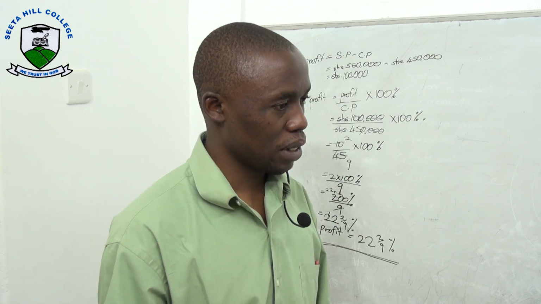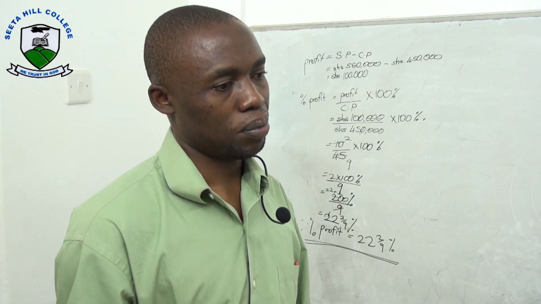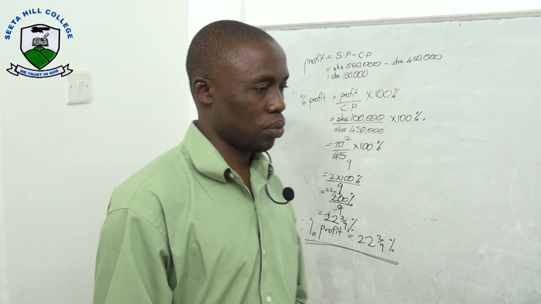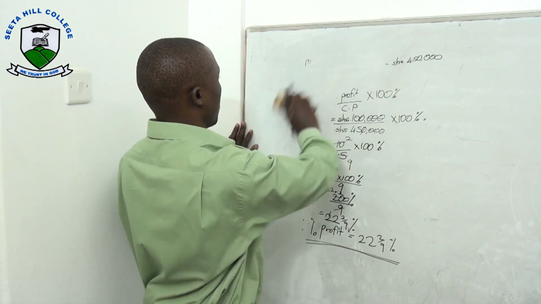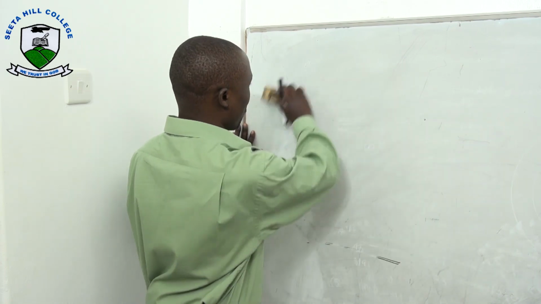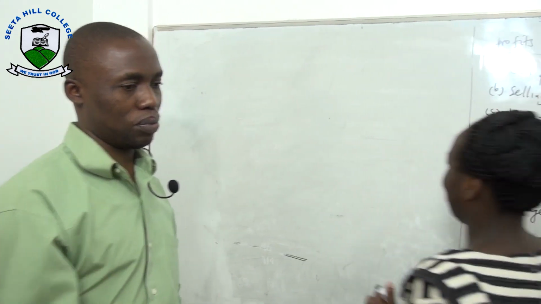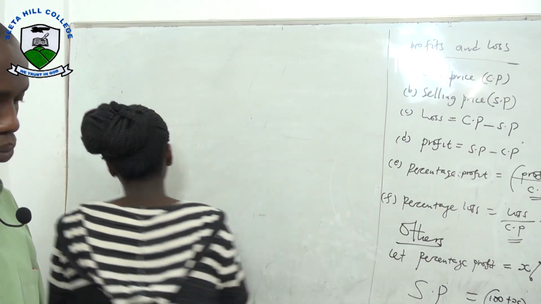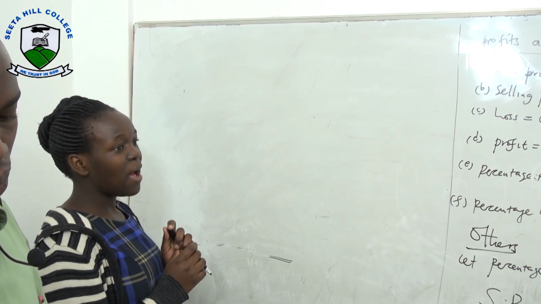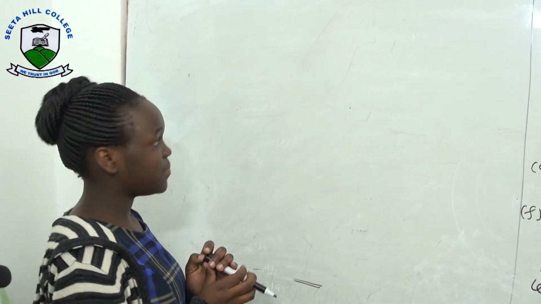The question is asking us to find the selling price when given percentage loss and the cost price.